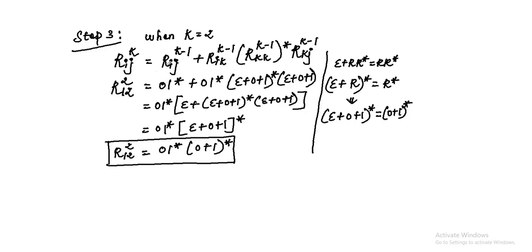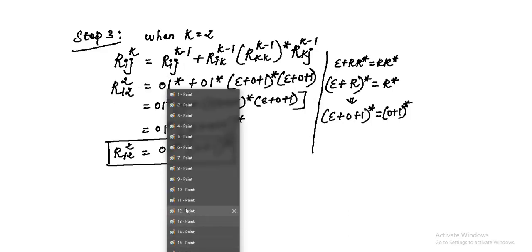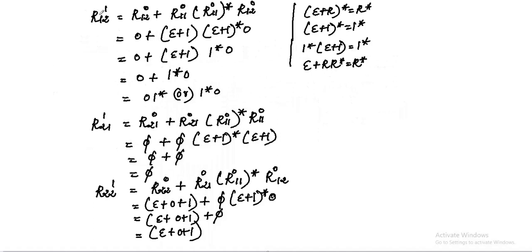So R12, Rij raised to the power k minus 1. I am directly writing here because Rij, R12 raised to the power 2 minus 1, 1. R12, 1, we already found in the previous step is 0, 1 star.